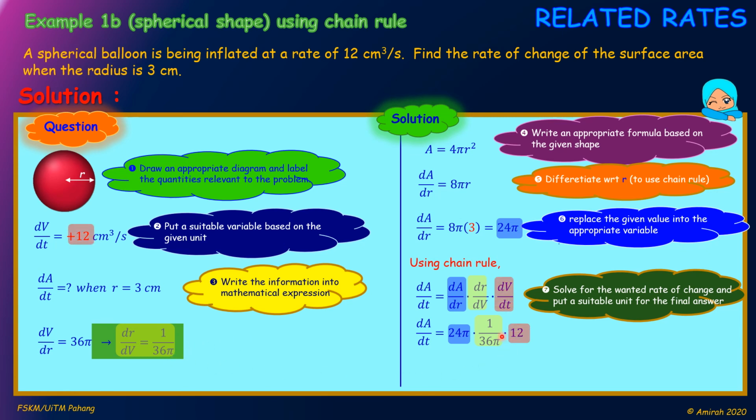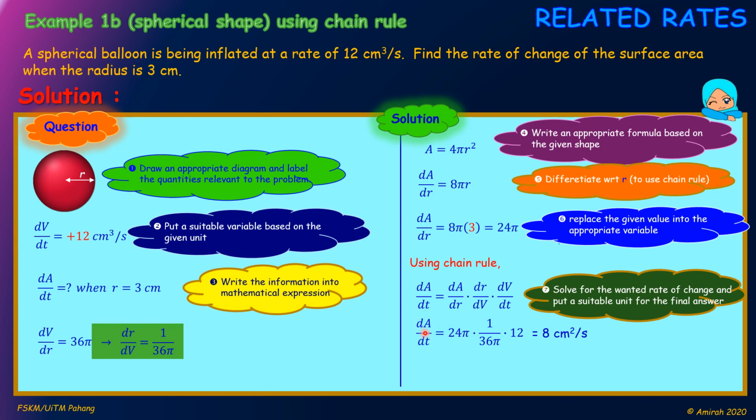Then we replace dV over dt equals 12 here. After that we simplify, so we have 8. We put a suitable unit for the final answer, cm squared per second, because A means surface area, cm squared, and over time means second.